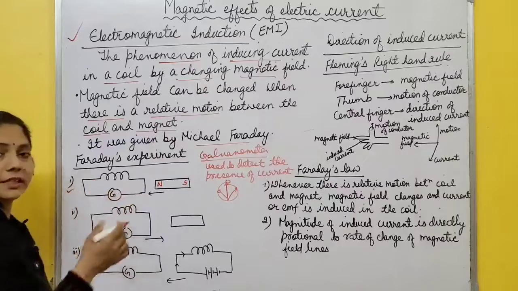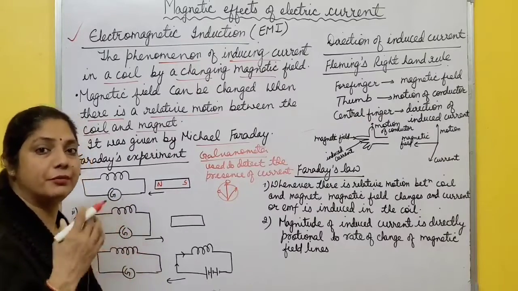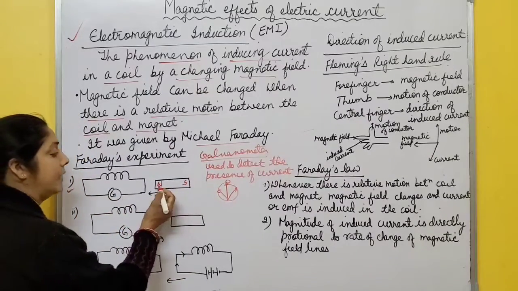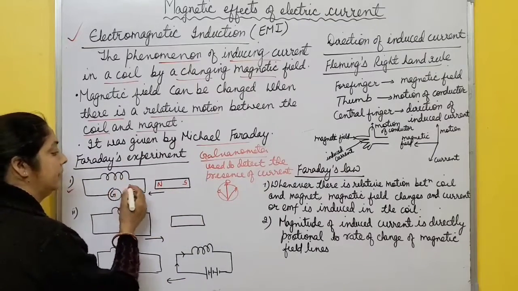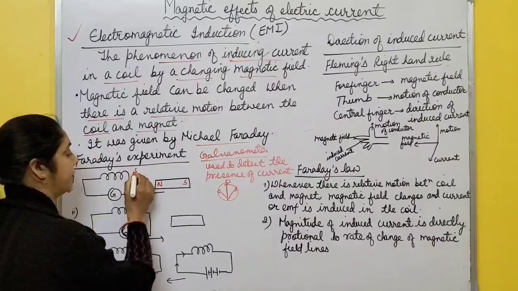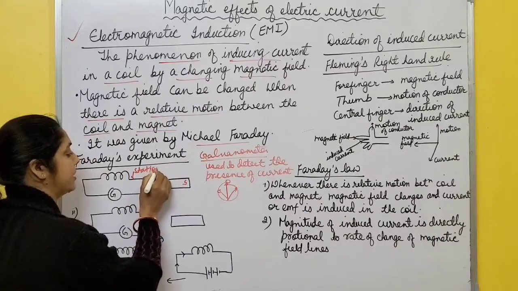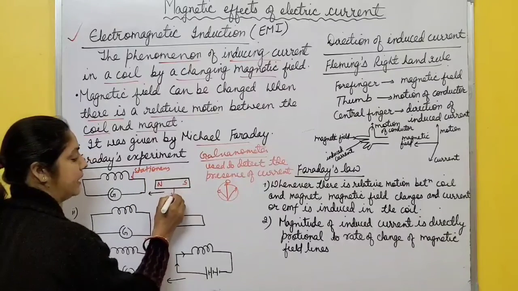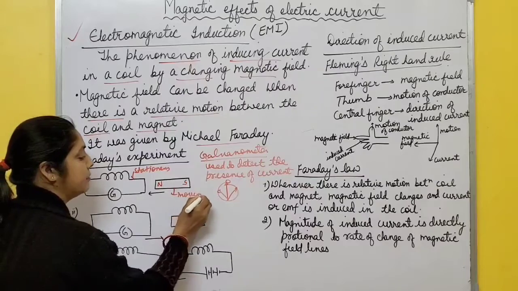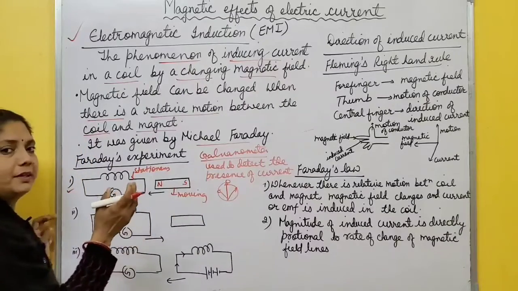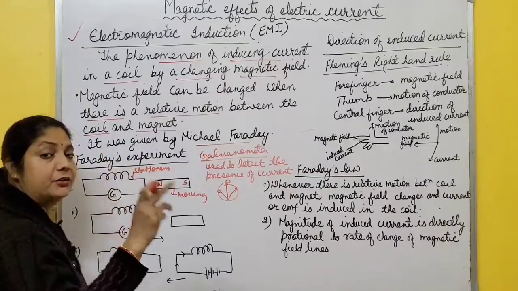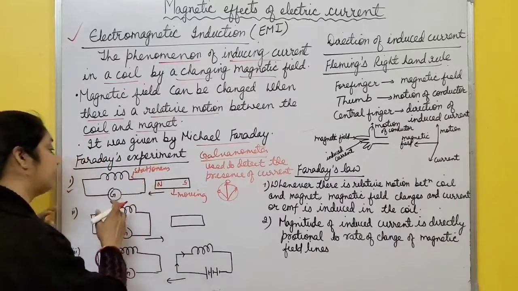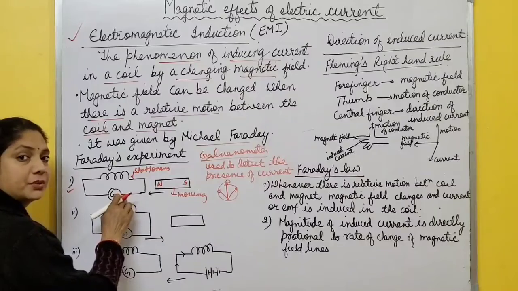So here this galvanometer also shows some deflection when this magnet is moving towards this coil or away from the coil. This coil is stationary, right? The coil is stationary and this magnet is moving. When the magnet is moving towards the coil, what happens? Magnetic field lines are changing, it means the magnetic field is changing, and due to that change in magnetic field, this galvanometer shows some deflection.